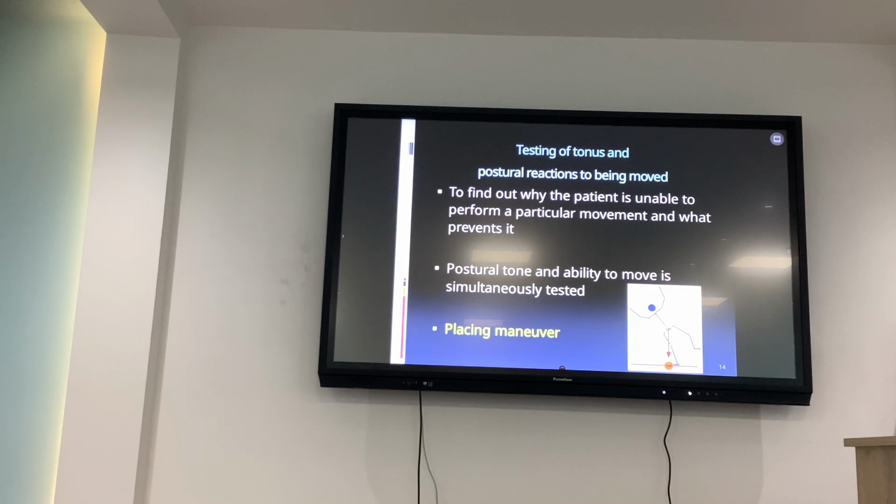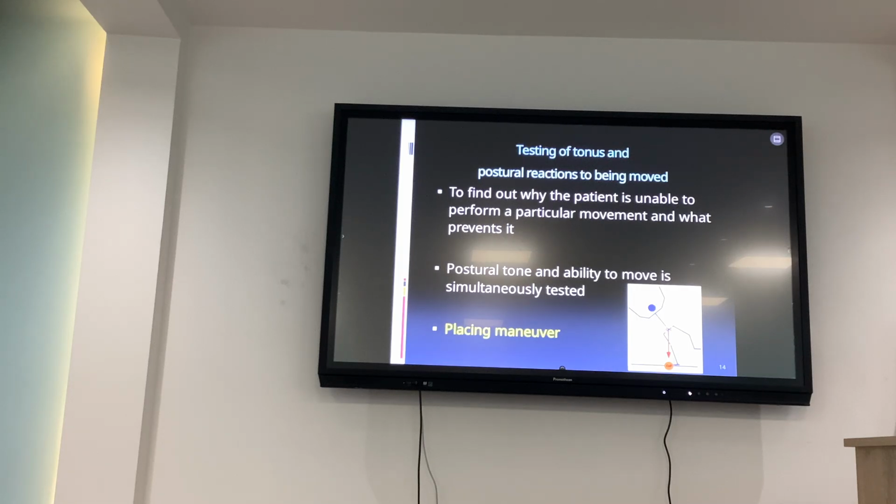flexors and how the patient adapts to the movements of the affected upper limb. In this way, I assess the postural tonus of the elbow flexors, and the most important thing is what I'm assessing with this maneuver, moving the arm, for example, in flexion and abduction.